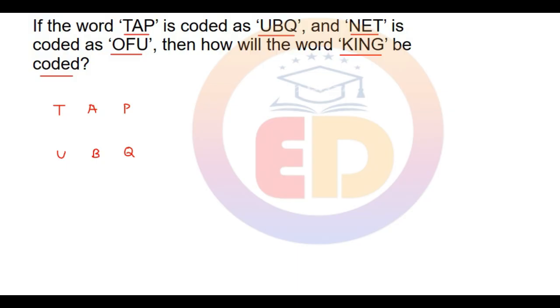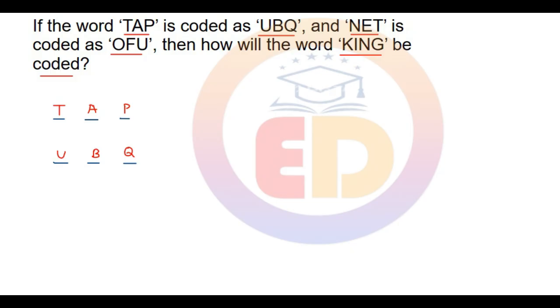The letter T is coded as U. The letter A is coded as B. The letter P is coded as Q. To understand the pattern, let us write down the numbers.